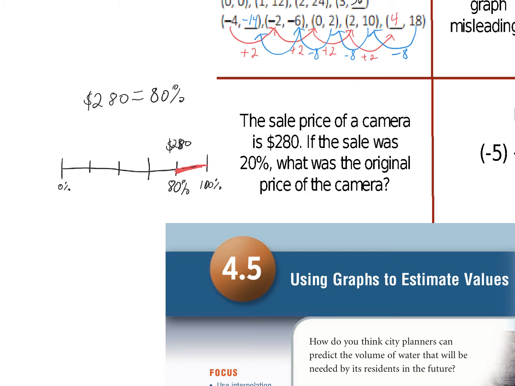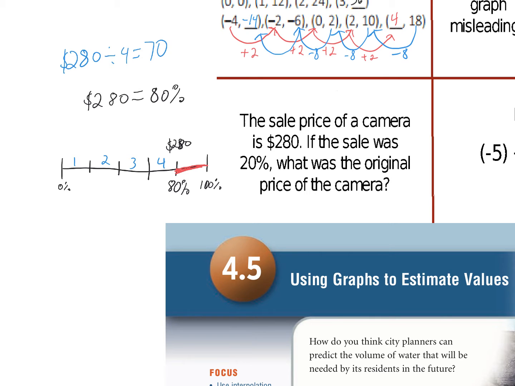I know that this is 80%, and that's 280. So this means that I have 1, 2, 3, 4 parts of this number line that make up 80%. So if I take 280 and I divide that by 4, that is going to give me 70.